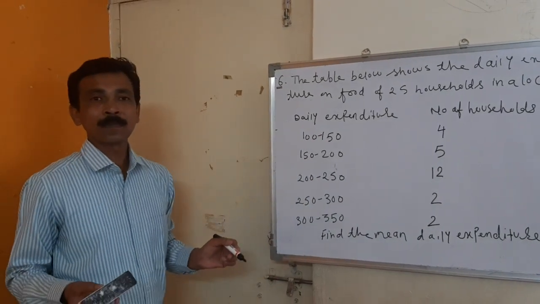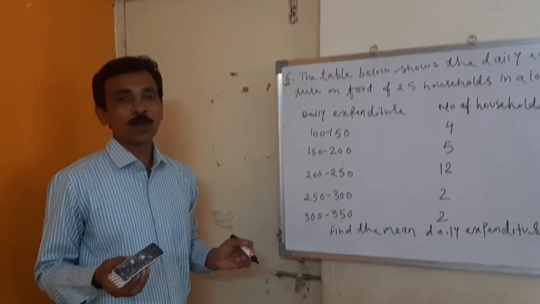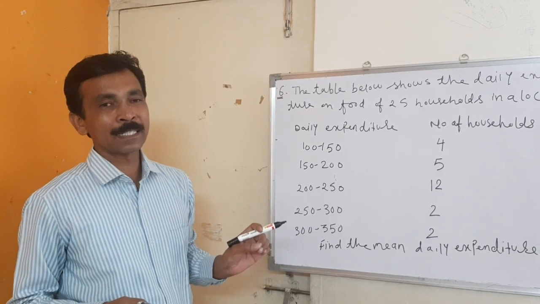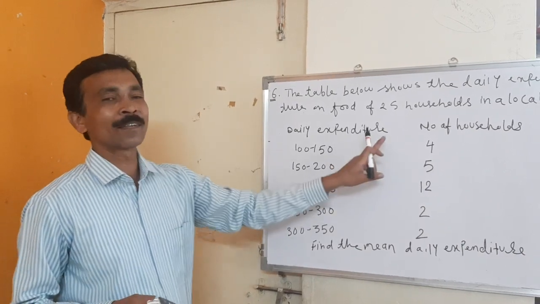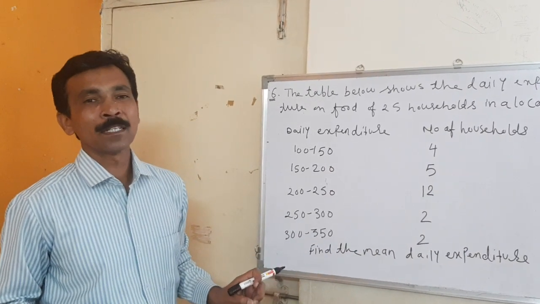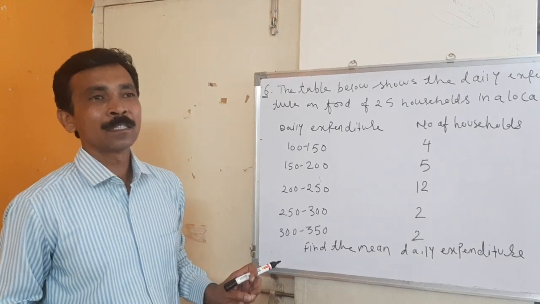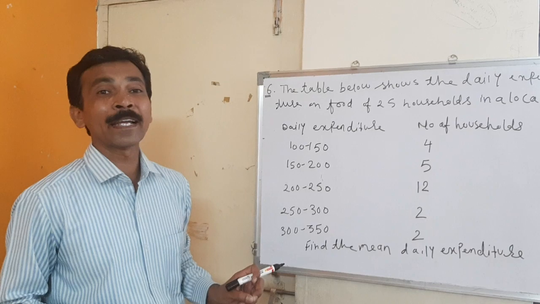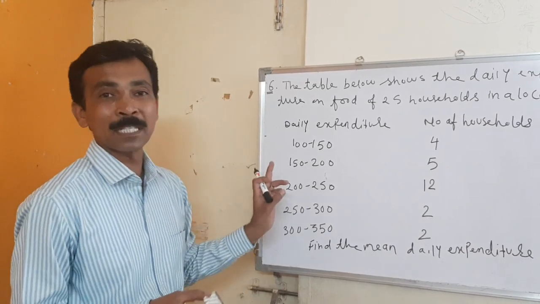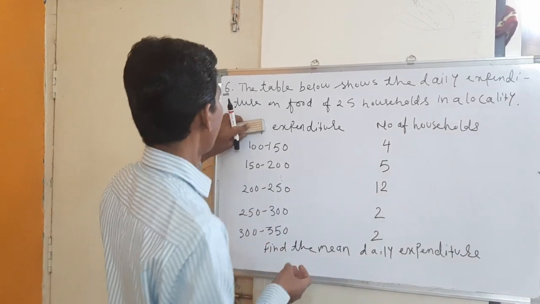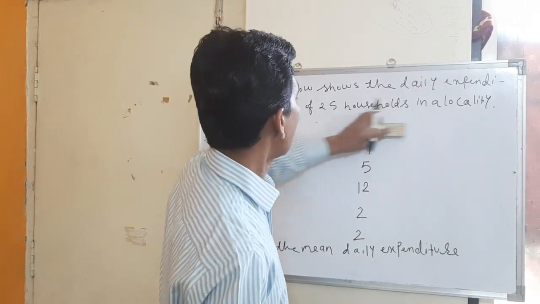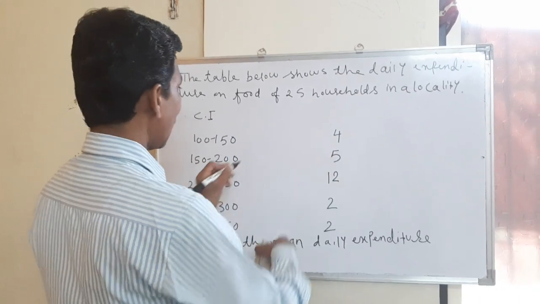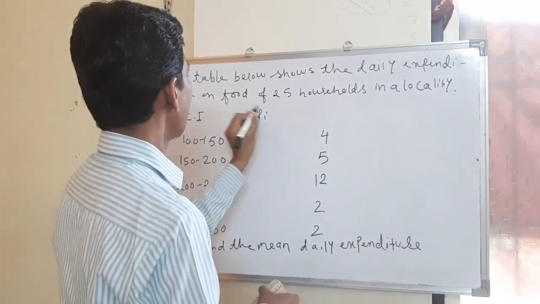Method is same as what we have seen in the last sum. I will write all the columns. First column will be class interval, second will be frequencies, third will be xi, fourth will be ui is equal to xi minus a upon h, and last will be fi ui. I'll write class interval and fi.